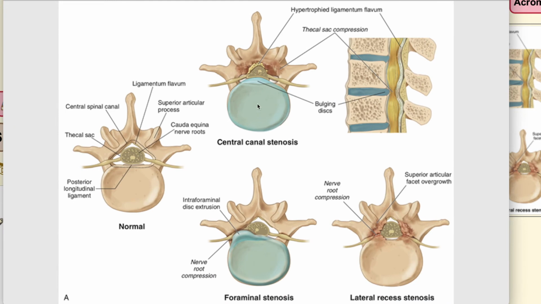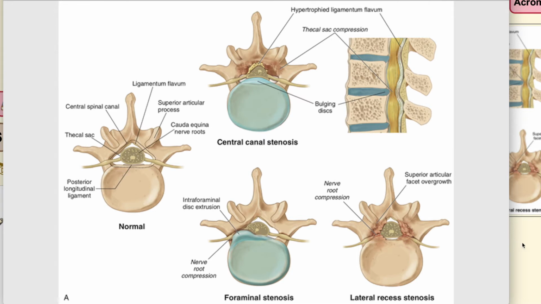At the central canal stenosis, it occurs at the central region, and it can be caused by hypertrophic ligamentum flavum, thecal sac compression, or even central bulging of the disc. While for the foraminal stenosis, it is usually caused by intraforaminal disc extrusion causing nerve root compression.